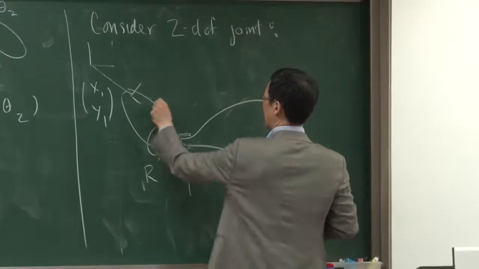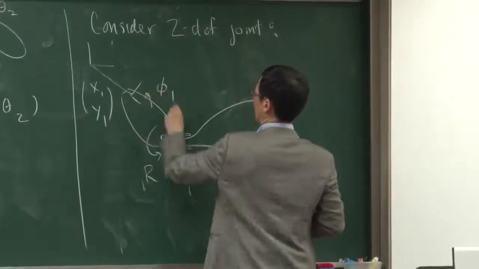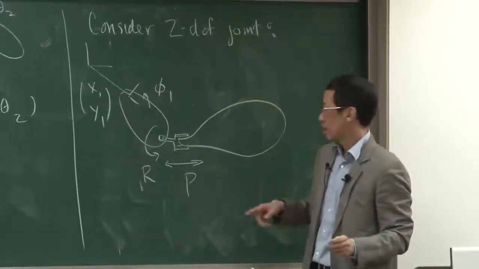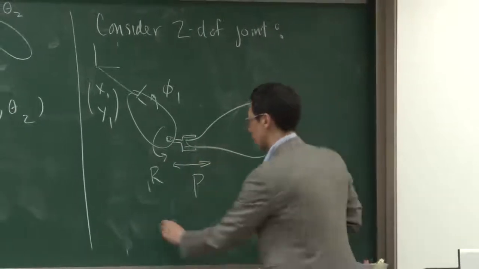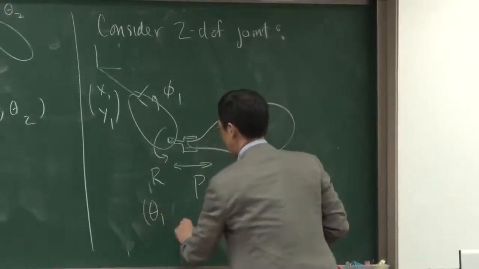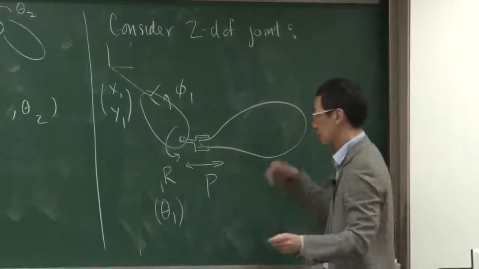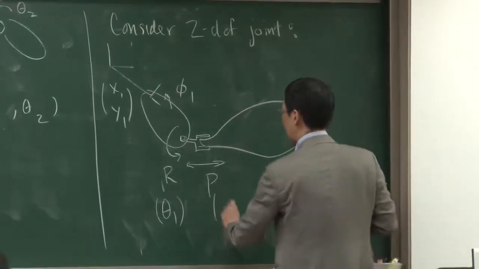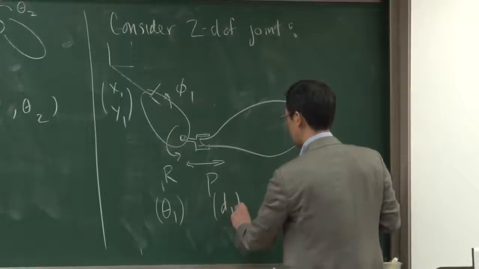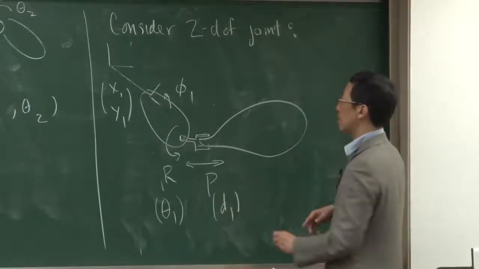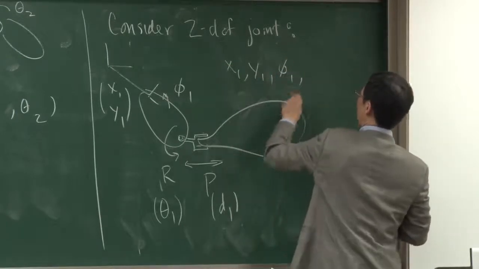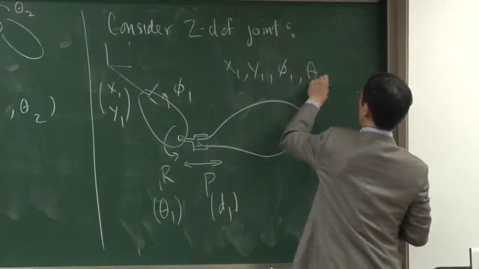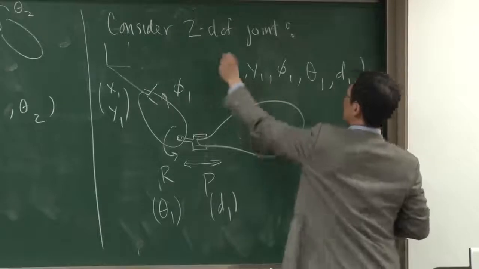We also need the angle phi1. But now if we know the values of the joint angles R, call this theta 1, and this P joint, call it D1, then we need 5 coordinates: x1, y1, phi1, theta 1, D1.